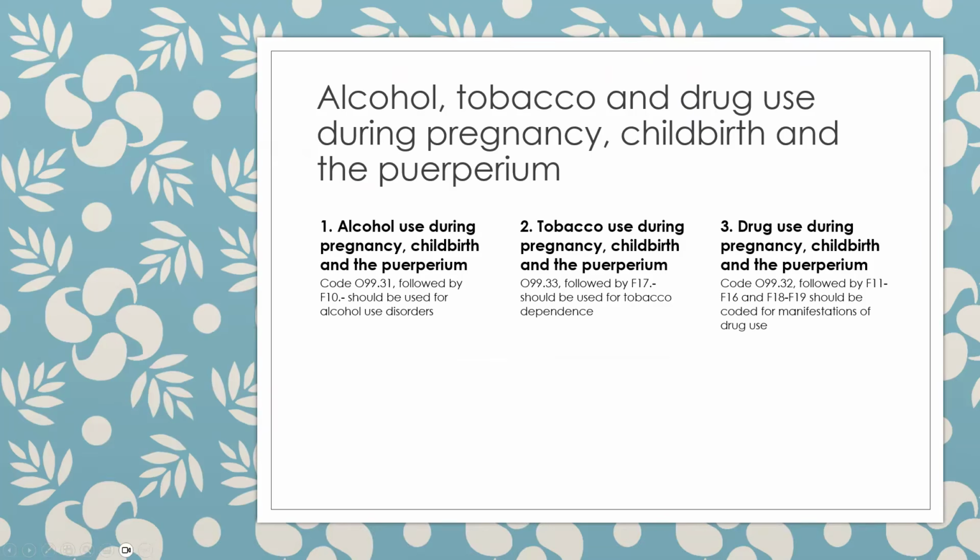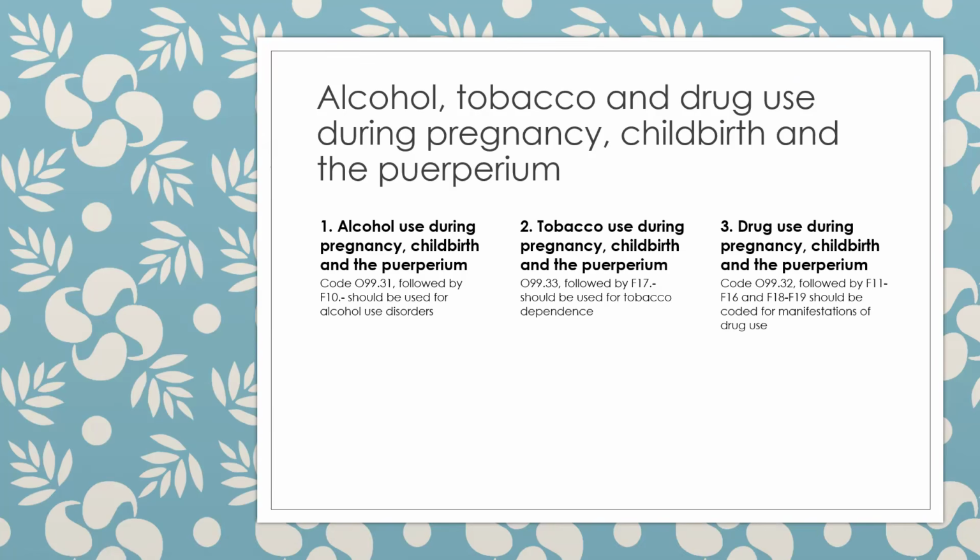Now, for alcohol, tobacco, and drug use during pregnancy, childbirth, and the puerperium, we have 3 guidelines to follow in this section. Number 1, alcohol use during pregnancy, childbirth, and the puerperium.